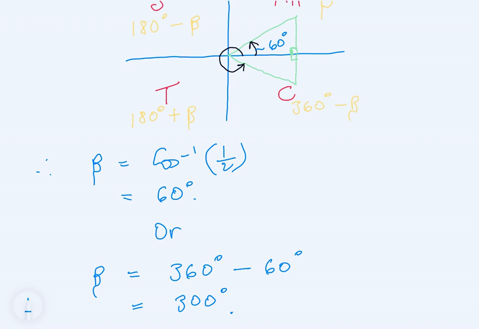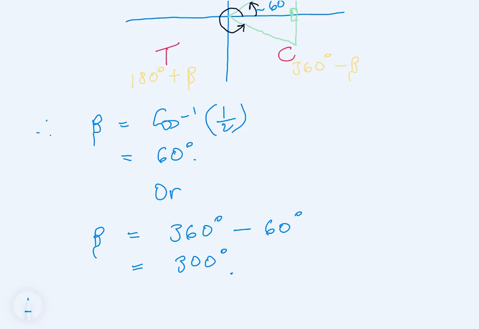Okay? But then, obviously, we can generalize this because the cos function is a periodic function. So we could generalize these solutions. But we do not do that because our initial problem said that we have to solve for angles between 0 and 360. So we don't have to generalize it.